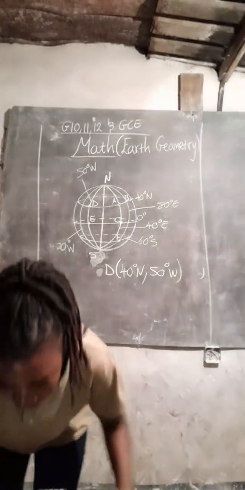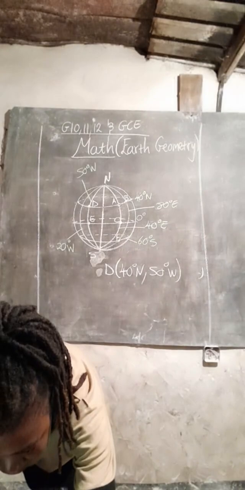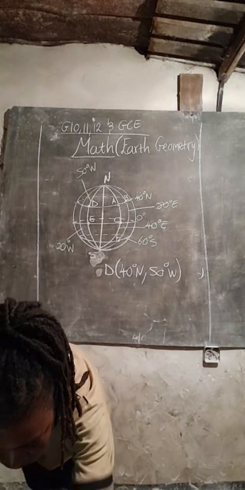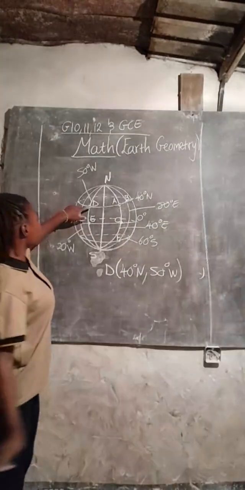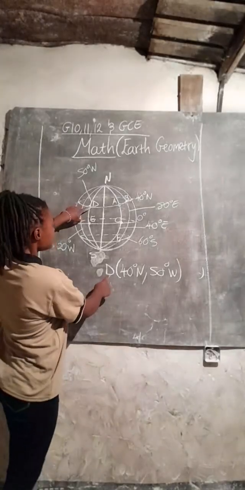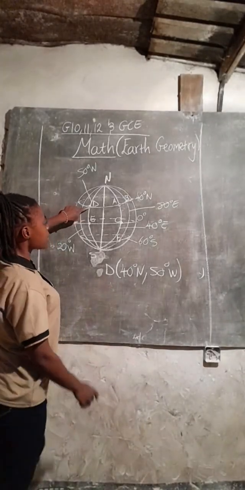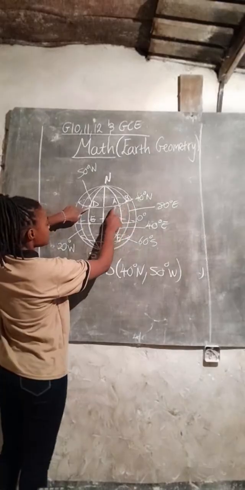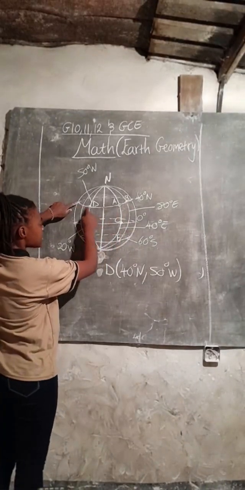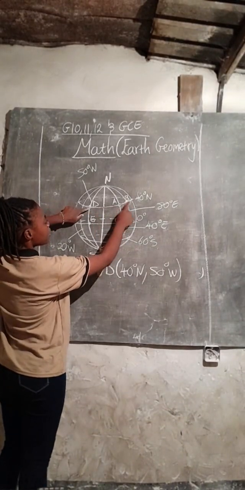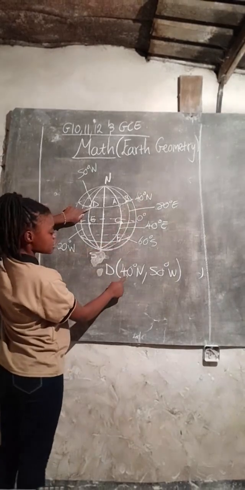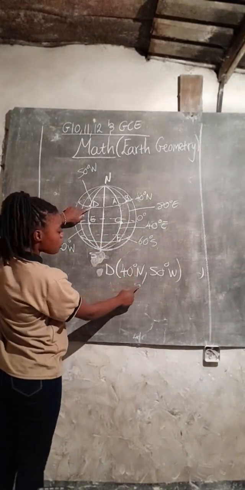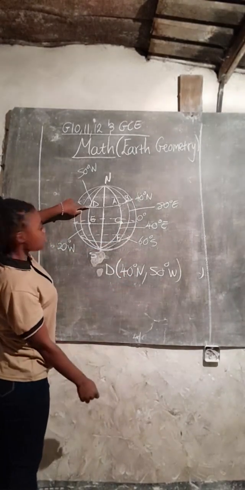Are we sure? Are you sure it's east? This is TR. We're on this one. Point D. So point D, we're saying it is on 40 degrees north. Why? Because this is the latitude where it is sitting on. So write 40 degrees north, comma, on which longitude is it on?